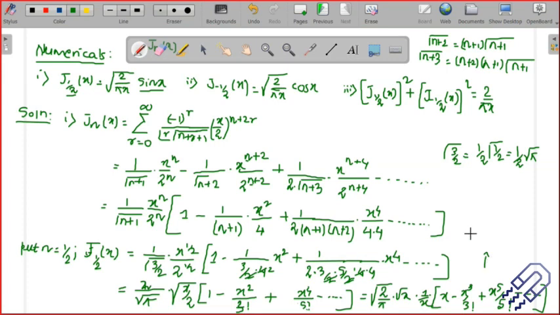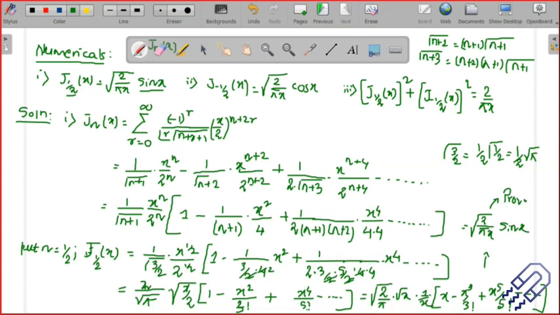Root over 2, and this is root x divided by x, so x to the power minus half, the root x will go in the denominator, so this is 2 divided by pi x, and this is now the sine series, so this is sine of x.